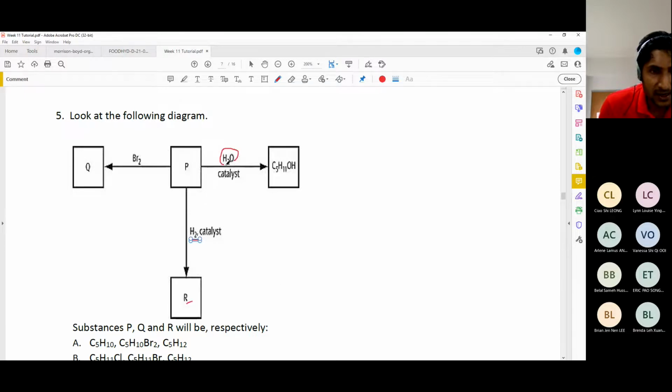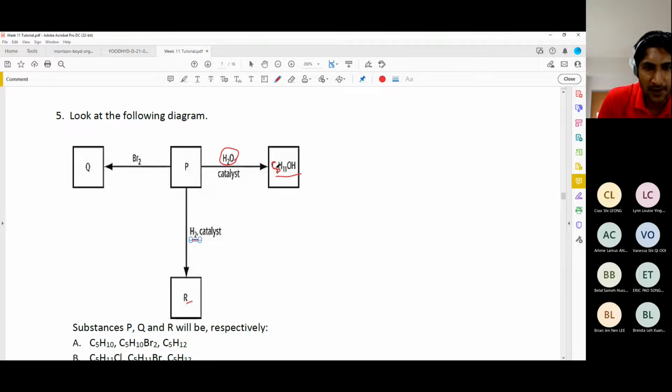But if we react with water vapor and a catalyst, it forms alcohol. And there are 5 carbons in the main chain.